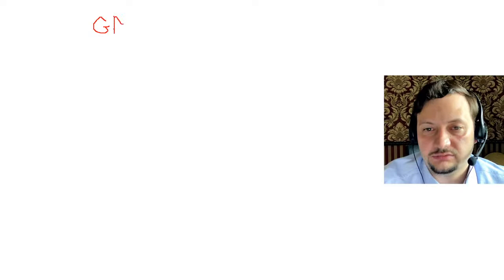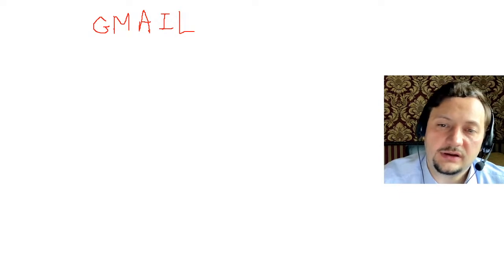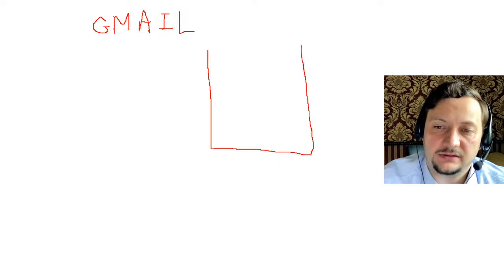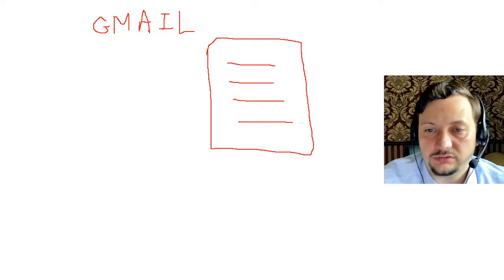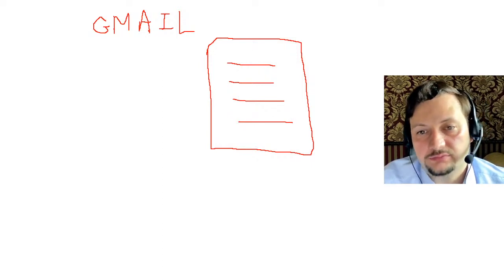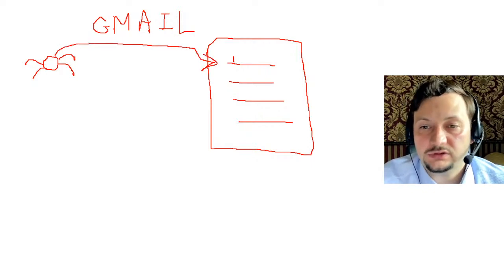Gmail was not so big, and they decided, okay, we would search for the contents in the mail that our users would receive. So the user receives some mail, and Gmail would put their crawlers to read the contents of the mail and to click on every link that is inside this email.